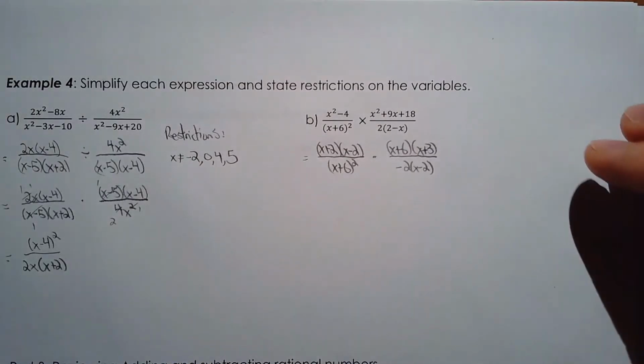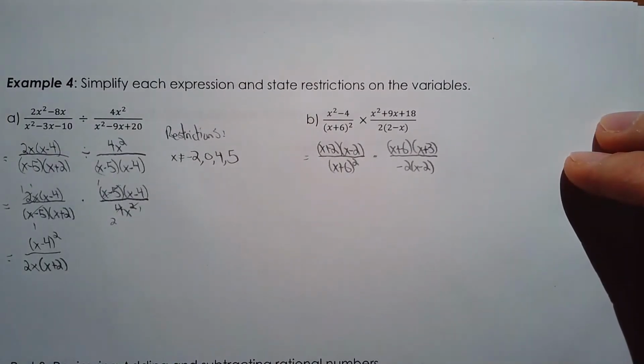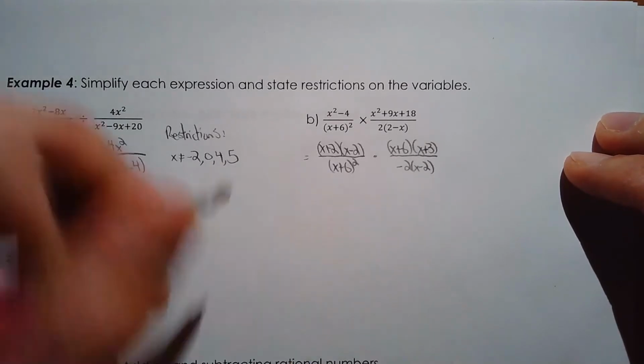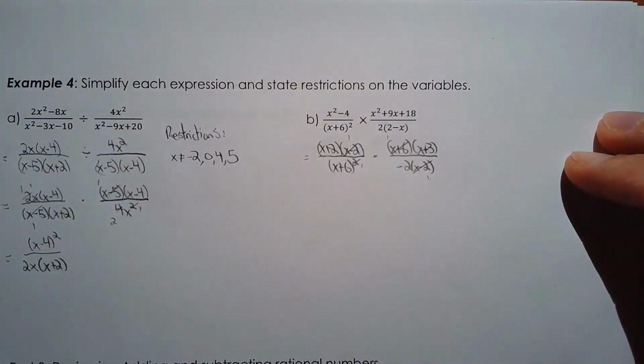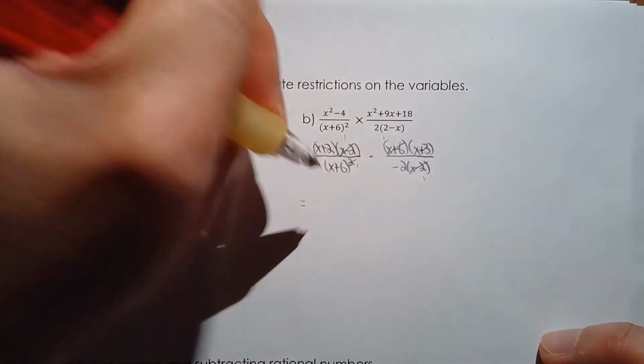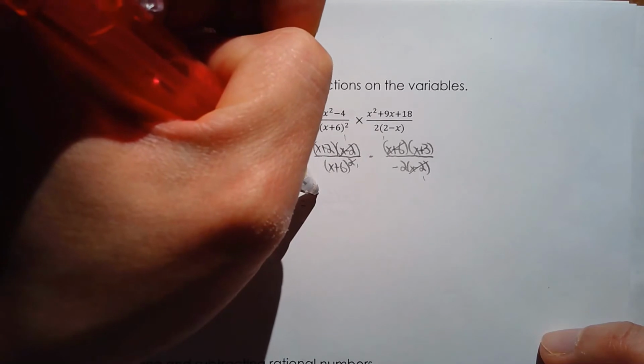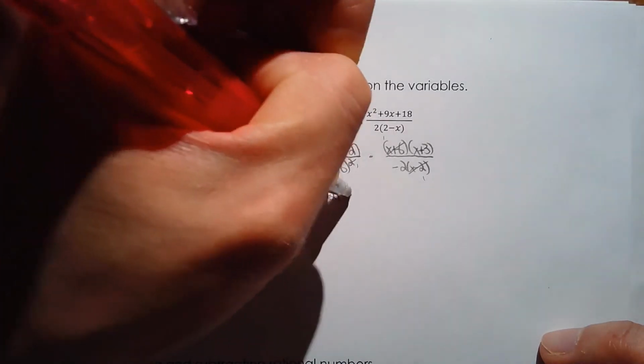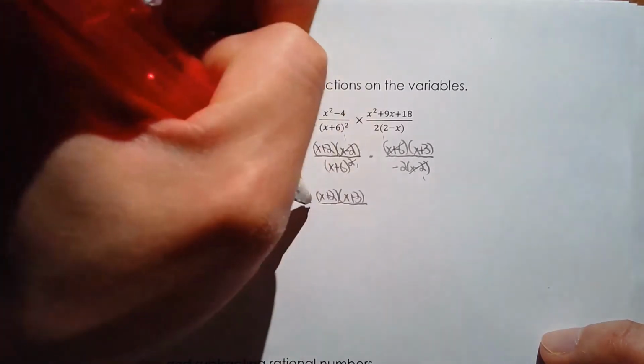Okay. So now I see a common factor of x minus 2. I have a common factor of x plus 6. Beautiful. And that's about it. Okay, so this simplifies to x plus 2 in the numerator, x plus 3, all over 2 times x plus 6.